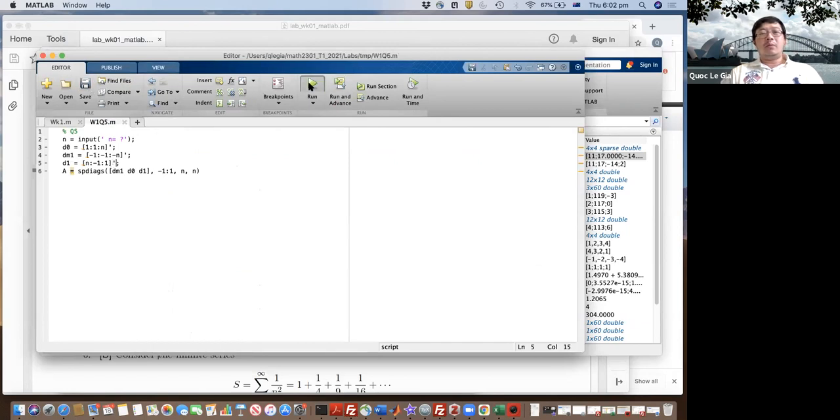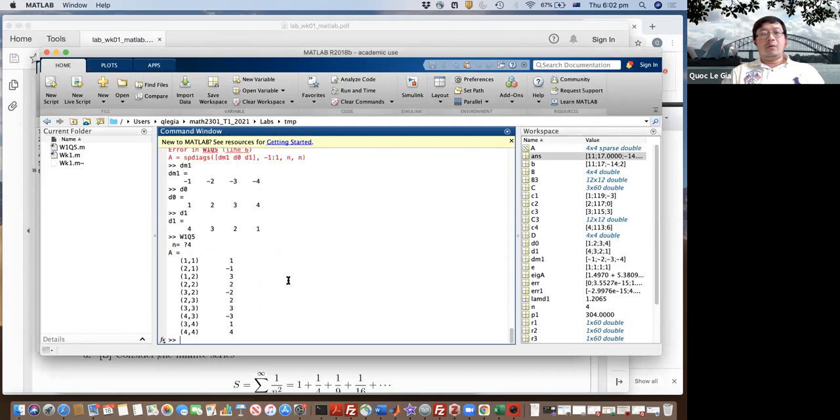Let's see whether it works now. Okay, it works. Sorry about that, but the vectors have to be column vectors, and you can see that 1, then 2 is 2, then 3 is 3, and 4 is 4.